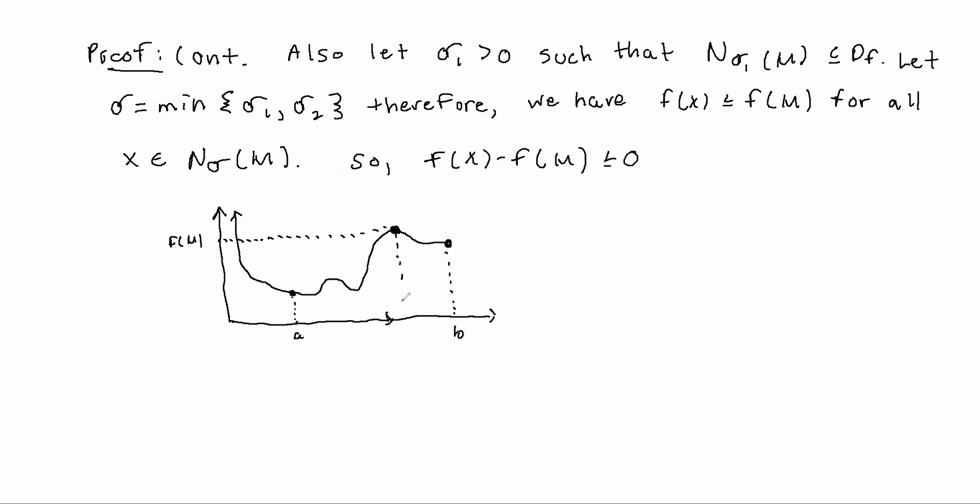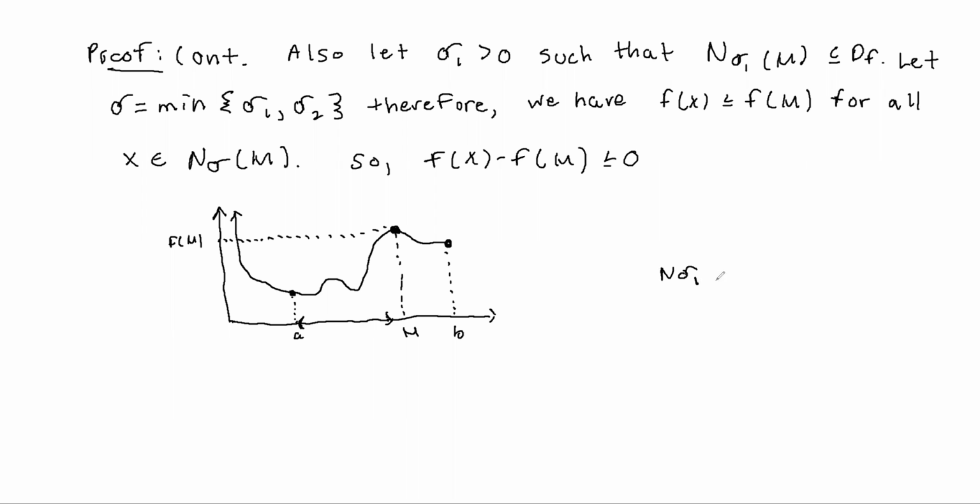And that's mu. Let's say I pick our first delta 1 to be here, and that would be the left endpoint.